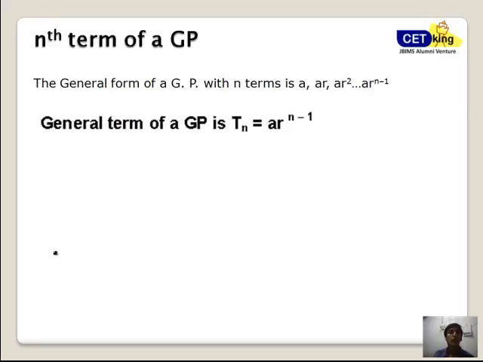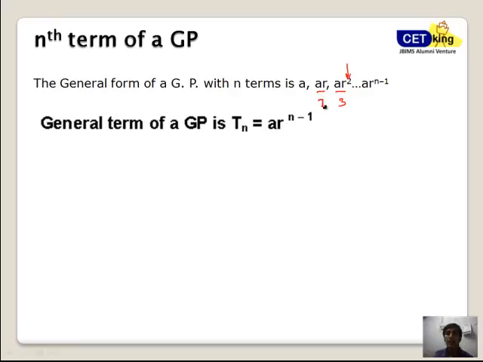So let's see how to find the nth term of a GP. We have the general form of a GP with n terms as A, AR, AR square, up to AR raised to n minus 1, where A is the first term and R is the common ratio. If we look at this clearly, we can see that AR square is the third term, while the power of R is 2.